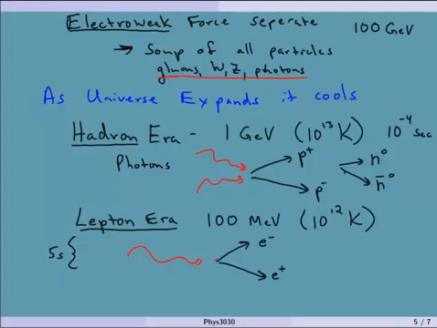This is a very important era because these electrons and positrons are now cool. Again, remember, we don't have positrons and electrons, we don't have protons and antiprotons and neutrons until this Hadron era. Until after the electroweak force separates out, we don't really get these things forming.